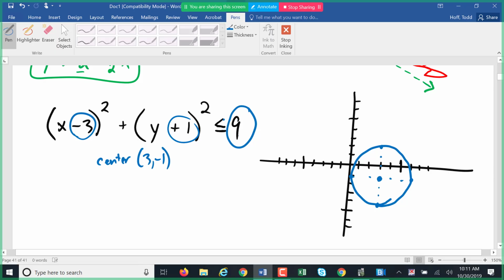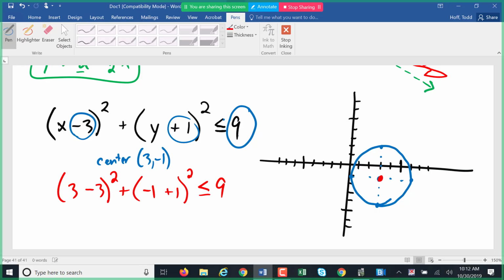Now I test. Either I'm going to shade inside the circle or outside the circle. Now here it might be a little close to try to test 0, 0. I mean, it is outside of the circle, but it might be a little close for comfort. So let's test the center of the circle. That center is at 3, negative 1. If I put 3 in for x and negative 1 in for y, 3 minus 3 is 0, squared is 0.